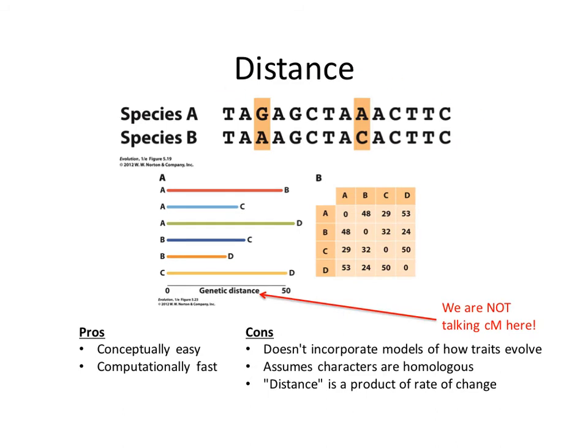A critical point: these should be homologous sequences if we're going to build accurate trees with them. So they need to be the same part of the genome, the same gene, from two different species.